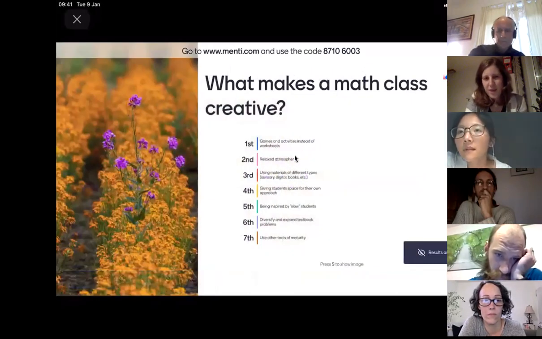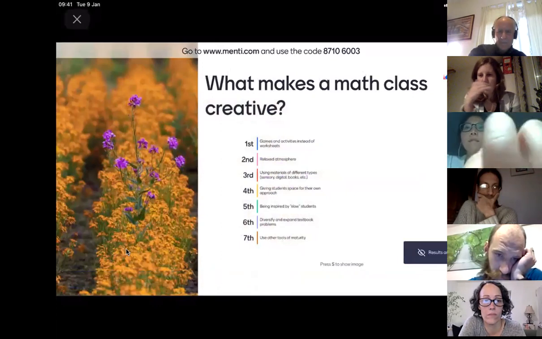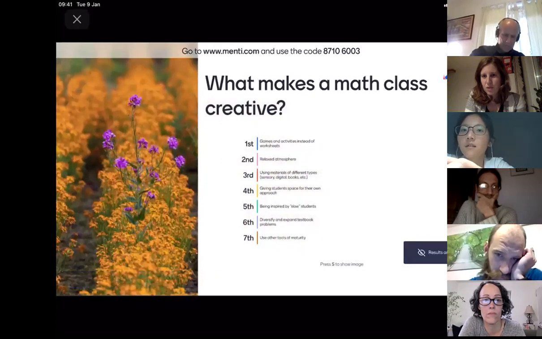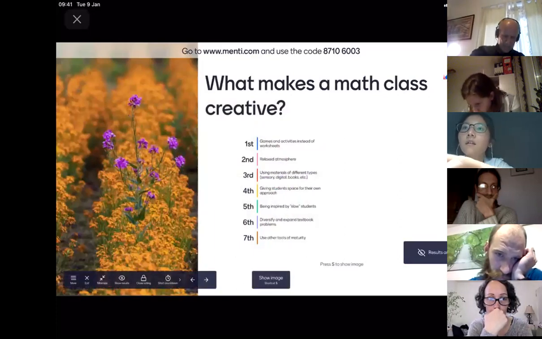These are some of my ideas, what makes a math class creative. So rank them from first to the seventh. The most important one, according to your opinion, should be the first one, or the ones that you use yourself most often, and then we will see together what we come up with.